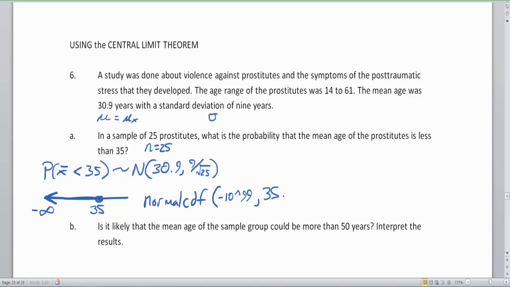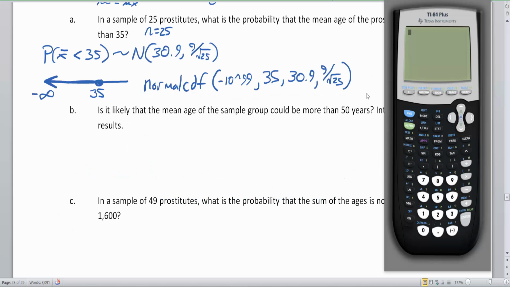And then we are going to use 30.9, this is my average, and my standard deviation is 9 divided by the square root of 25. And if we type this into the calculator, we will get the right answer. So we will go second vars, and then go to normal CDF, hit enter here, and it looks like my lower bound is already in there. And if you were wondering how you would type that in, you would type in negative 10 and use the caret key and 99. This would get us to negative infinity because we wanted less than 35.